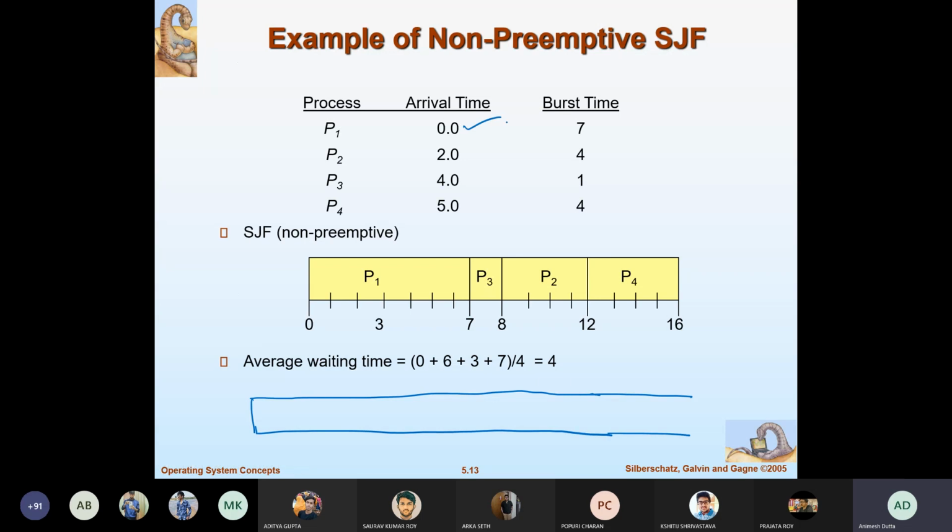So at the 0th time, there is only one process in the system, that is P1. After 2 seconds, P2 arrives. When P2 arrives, what is the left out time of P1? 5 seconds, and P2 needs 4. So which one will be given preference? P2. So allow P2 to execute. Clear?